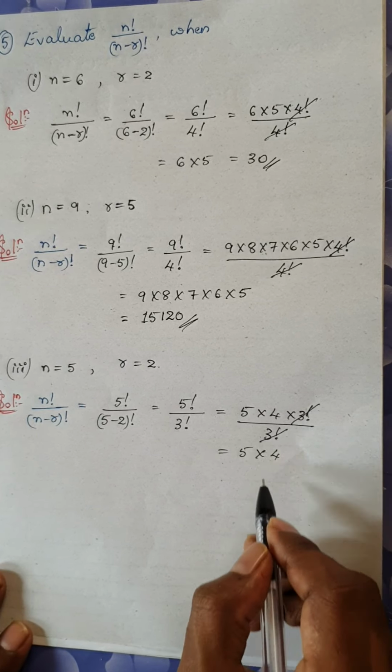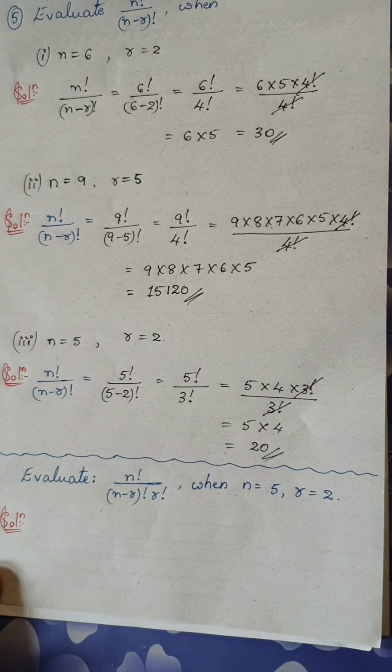Well friends, let's take the one last question for the short session we have. Evaluate n factorial by (n minus r) factorial into r factorial when n is equal to 5, r is equal to 2. Please first take down what you are supposed to find out.